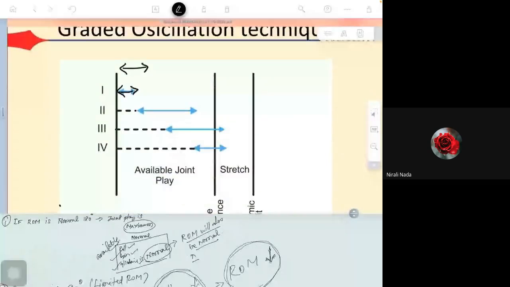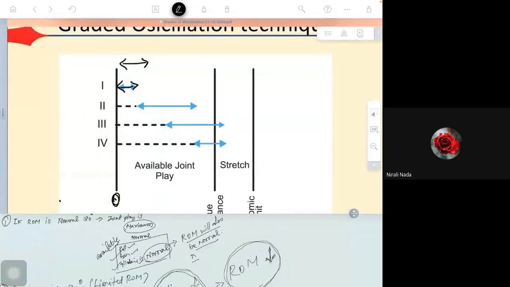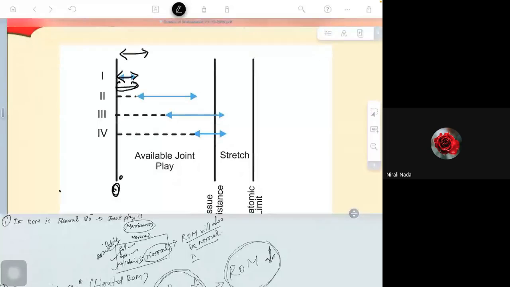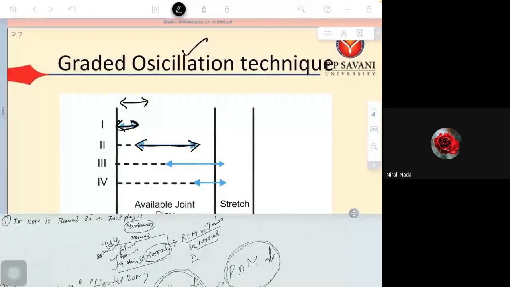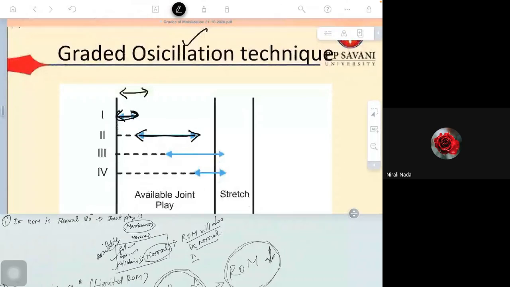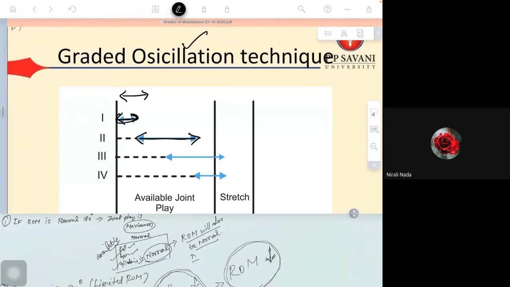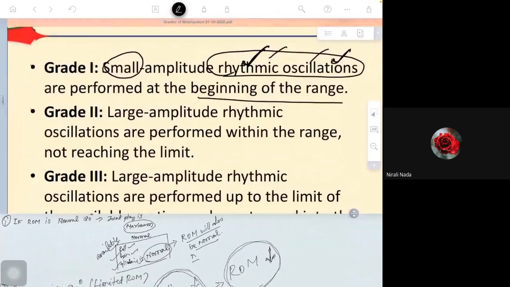This we already know is the beginning of range, 0 degree. And second, you see the amplitude is large, in both directions, an oscillatory technique. Grade 2 is large amplitude rhythmic oscillation performed within the range, not reaching the limit.